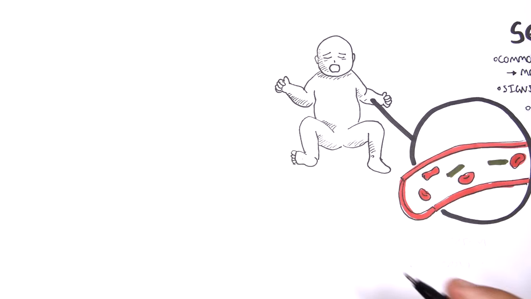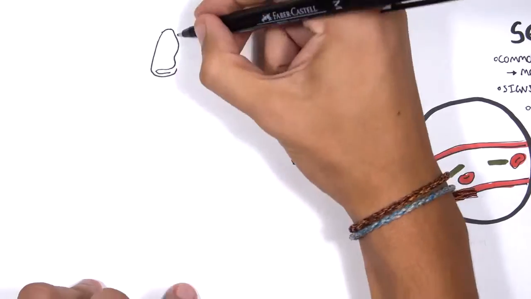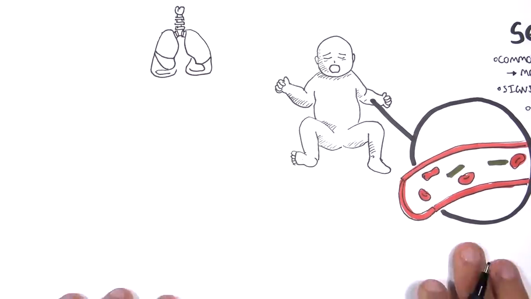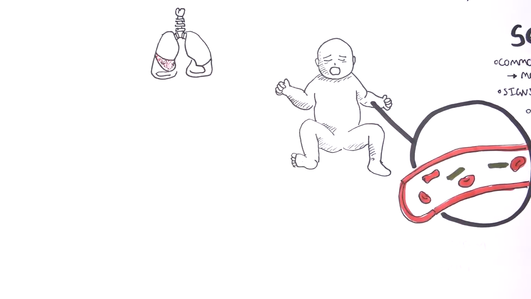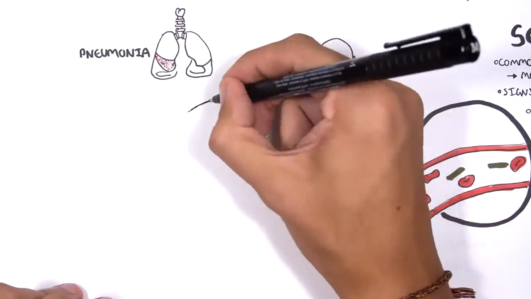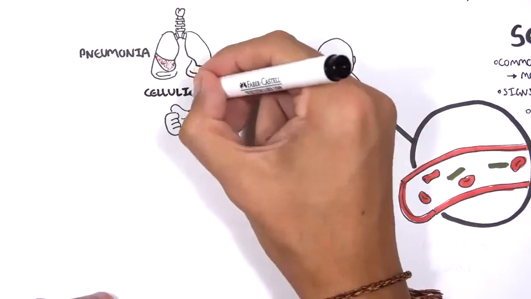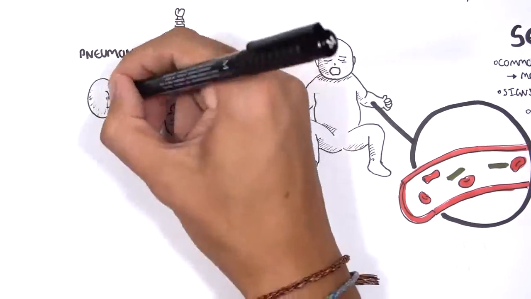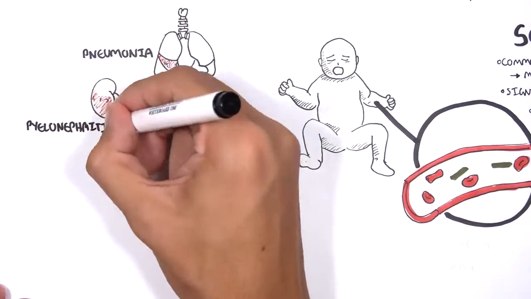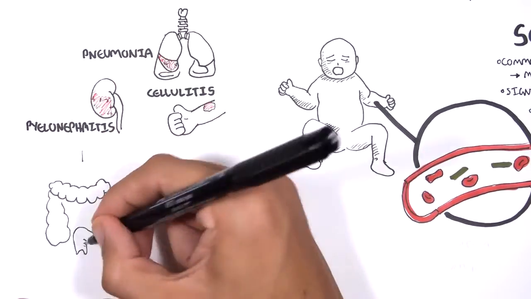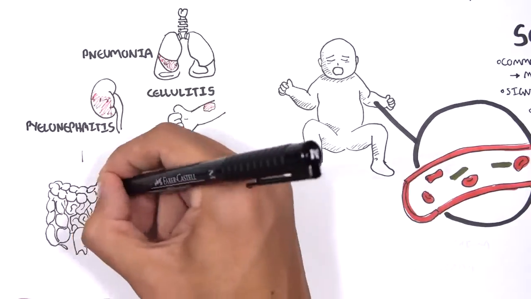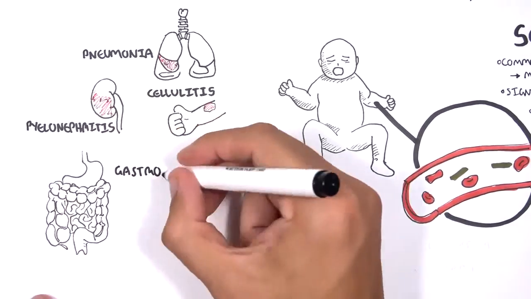Sepsis is usually secondary to a bacterial infection somewhere in the body. So the primary infection occurs somewhere in the body, such as the lungs, where you get pneumonia, skin, cellulitis, urinary tract infection from pyelonephritis, gastroenteritis, or from the bones, osteomyelitis.